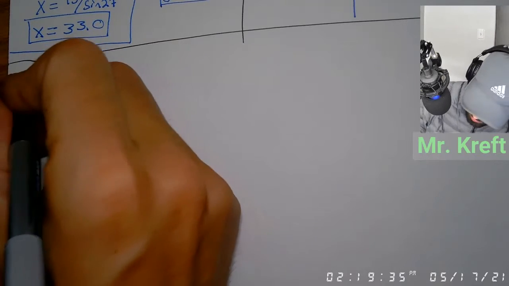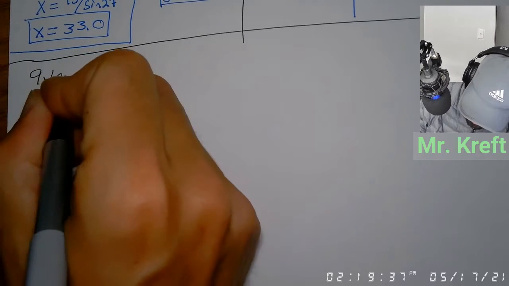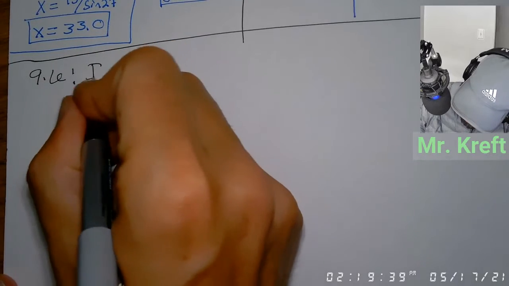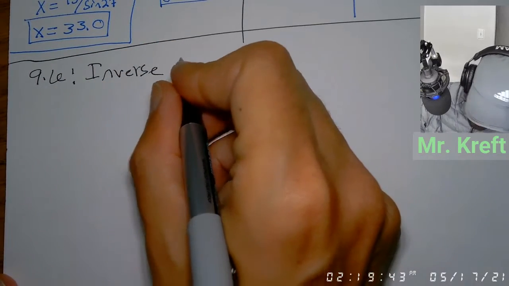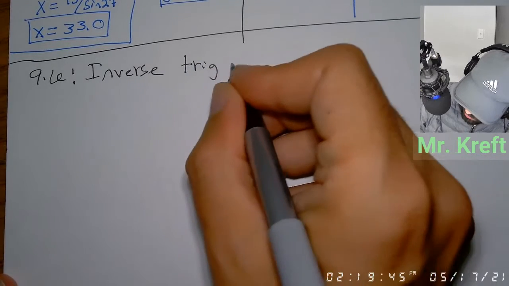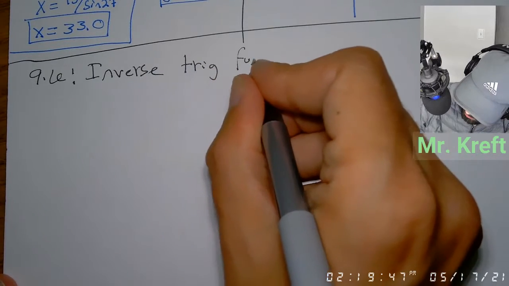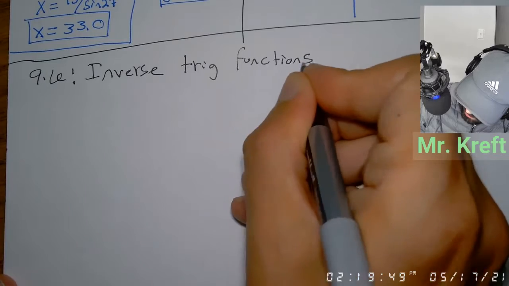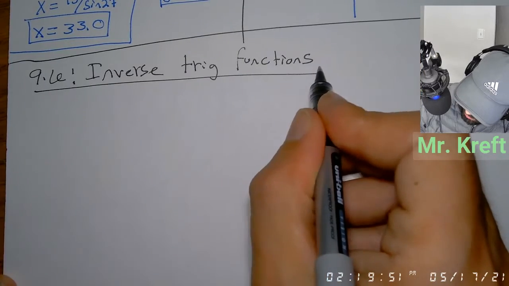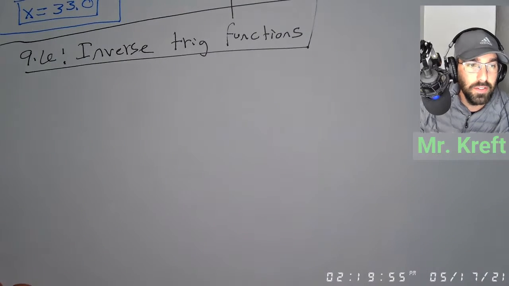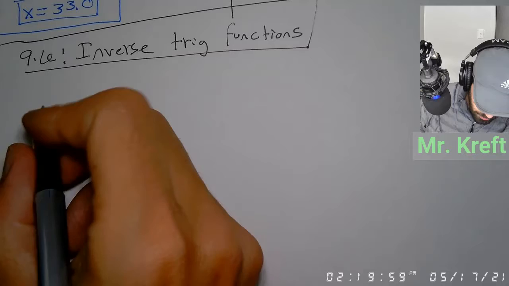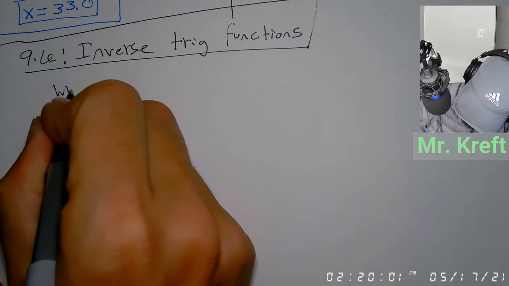Okay, so what are we talking about today? We're talking about 9.6, and we're talking about inverse trig functions, right? Trig is short for trigonometry, so functions, right? So inverse trig functions. So the first thing we're going to have to talk about is, what the heck is an inverse, right?